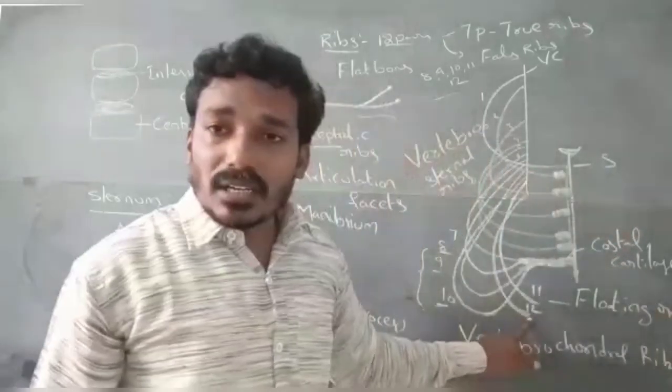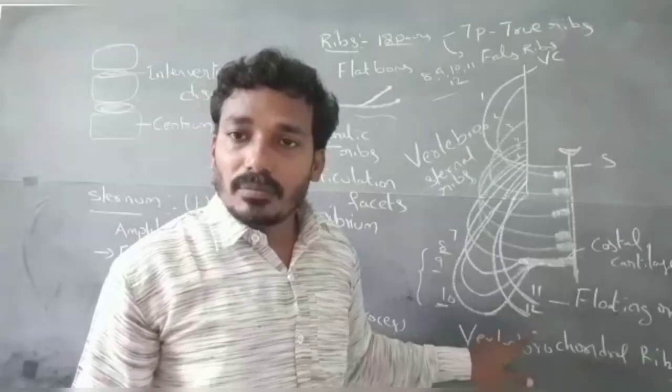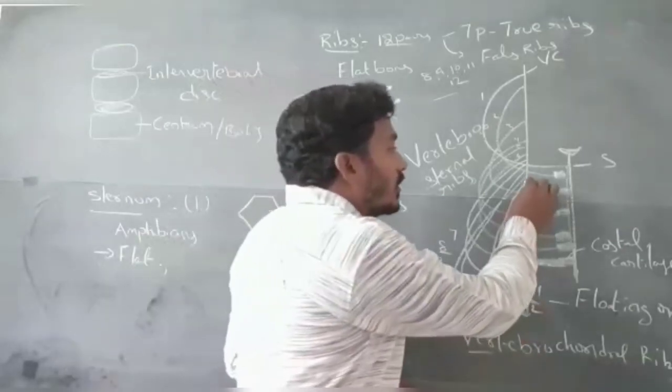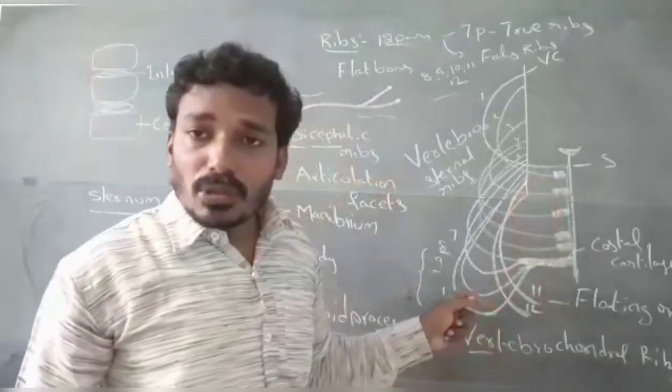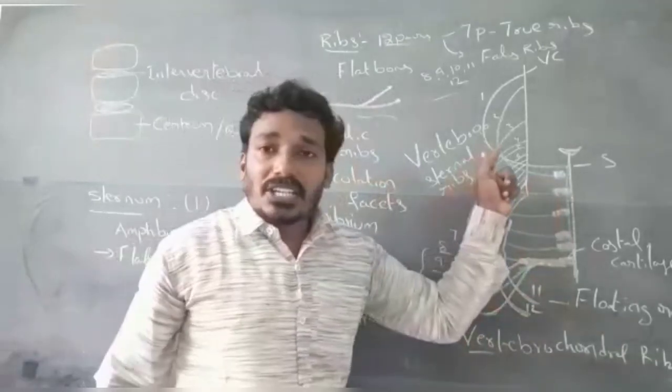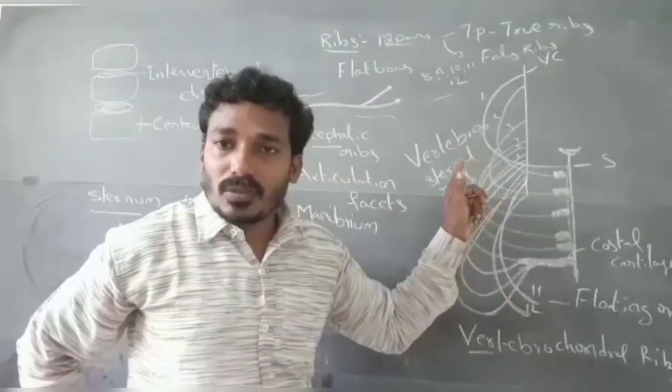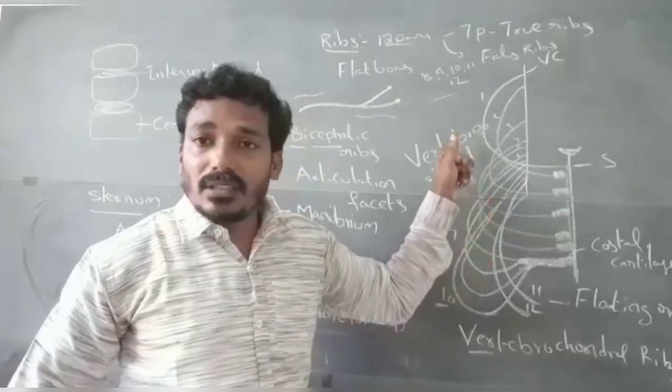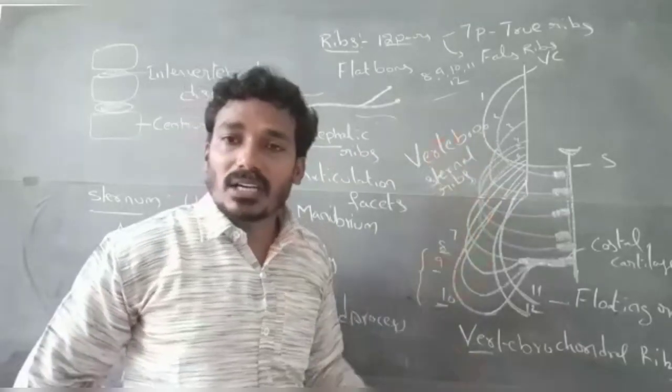The 11th to 12th ribs are called floating ribs because these ribs are attached only with the dorsal region of the vertebral column.